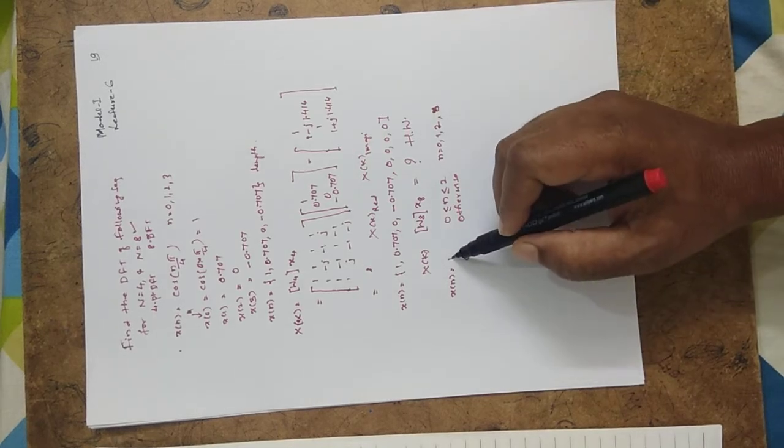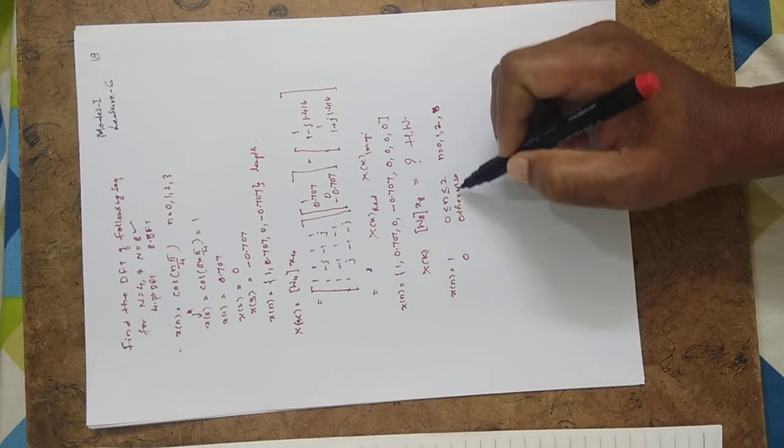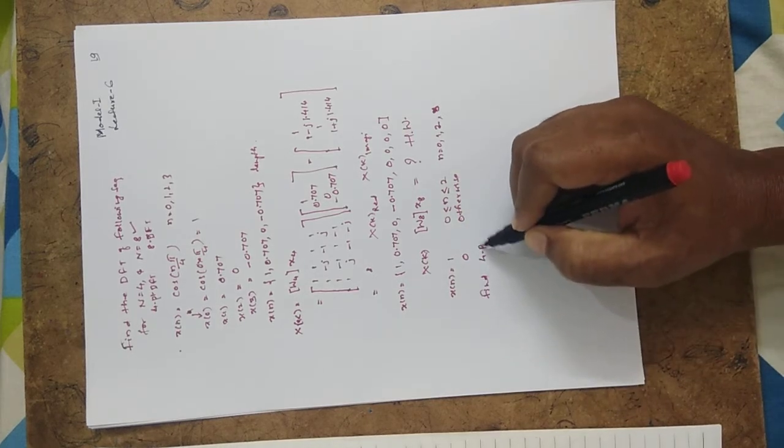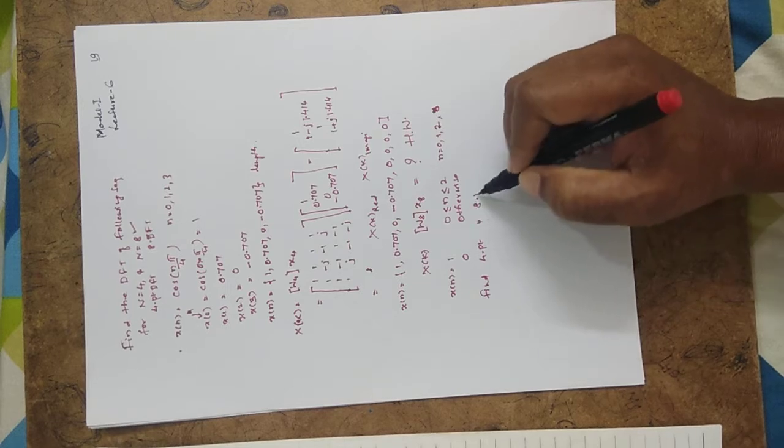So x of n value is 1 in this range and 0 otherwise. Find the 4-point DFT and the 8-point DFT.